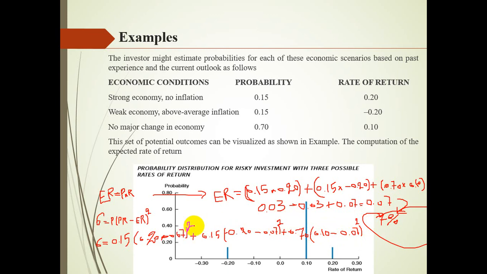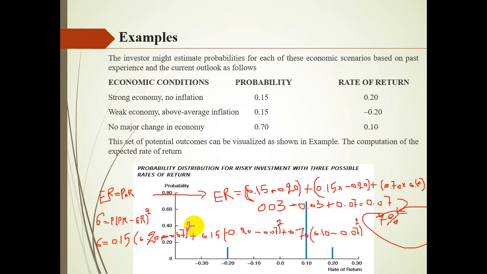So how to calculate this? The very first one: 0.20 minus 0.07 will be equal to 0.13. So 0.13 squared is about 0.016, multiplied by 0.15, which is the probability.